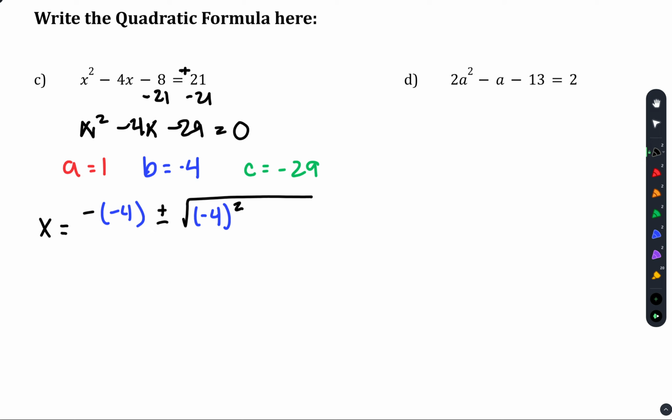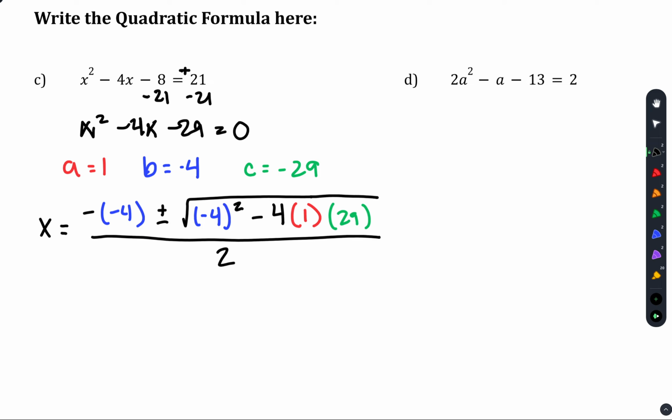Then what? What comes after the b squared? Should be on the top of your papers. What comes next? Negative. Keep going. Perfect. Okay, there's my numerator. What goes on the bottom? What goes in the denominator? 2 times? Perfect. Oh, it is negative 29. Thank you.